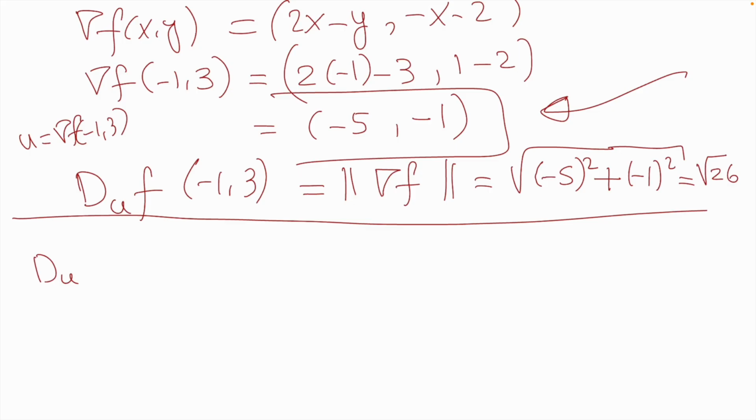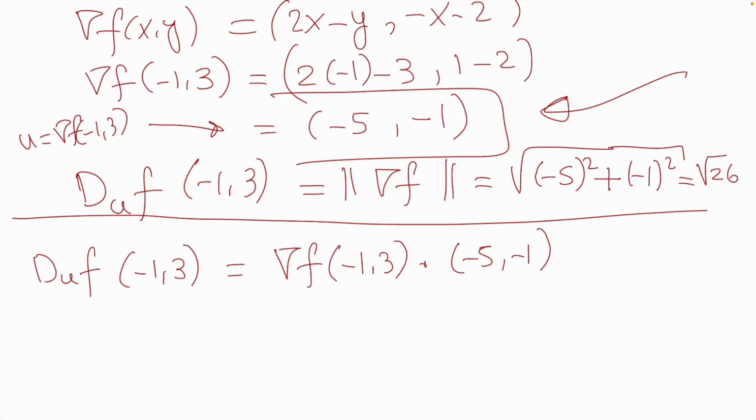So the derivative in the direction of this vector, (-5, -1), at the point (-1, 3), will be, according to the original formula, the gradient of f at (-1, 3) dot product this vector normalized, the vector (-5, -1) normalized.